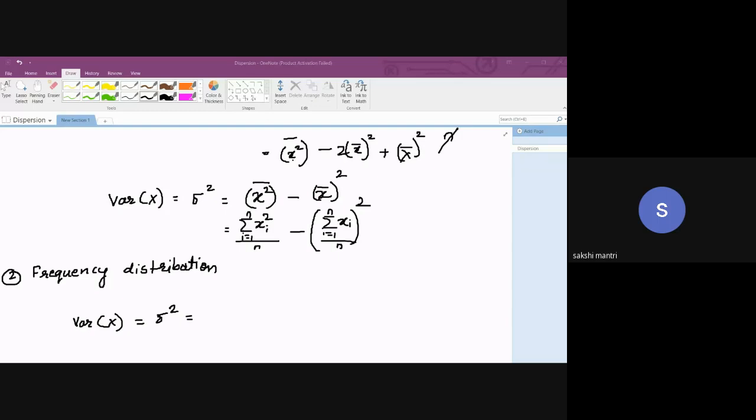Okay. So can I try? You are almost right, Aditya. Yes, Sakshi. Summation of fi xi whole square divided by summation of fi, minus summation of fi xi divided by summation of fi whole square.